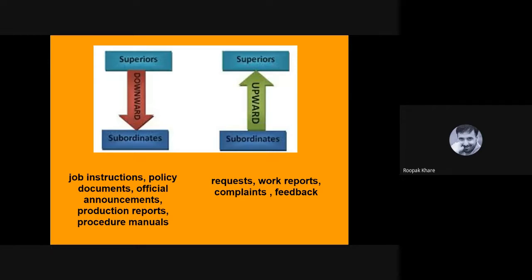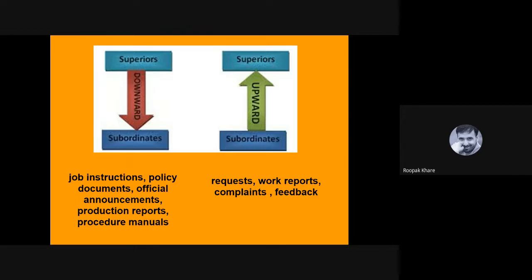So in organizations, where superiors are conveying a message to the subordinates or juniors, it is called downward communication, coming from the top towards the bottom. While vice versa, when the subordinates are conveying certain messages to the superiors, it is called upward communication. Now, this is vertical, upward or downward, but it is vertical.